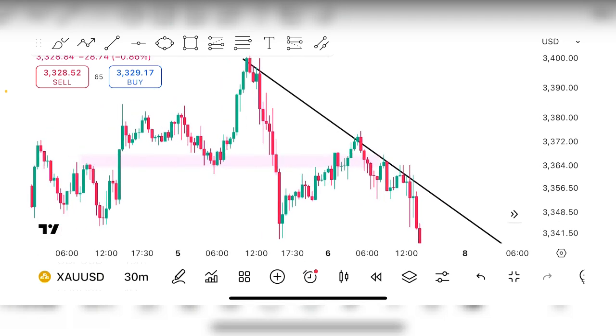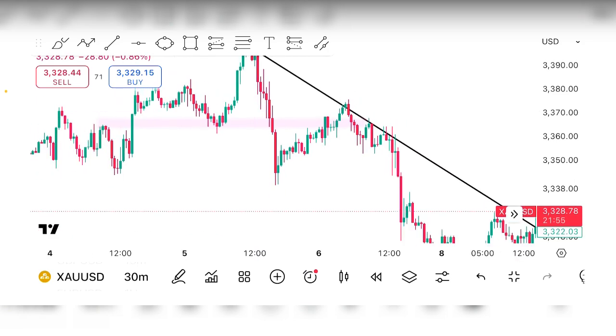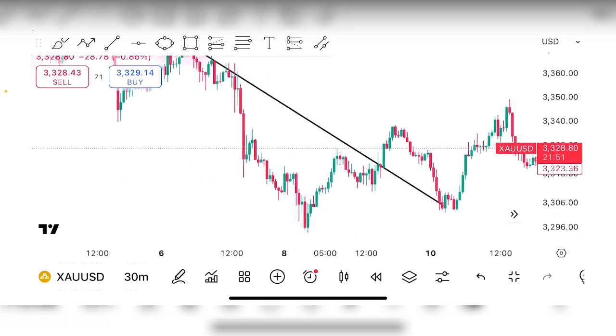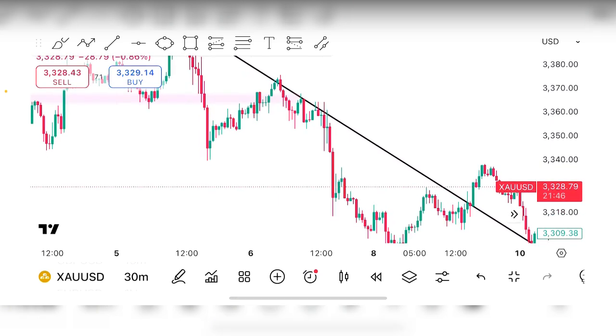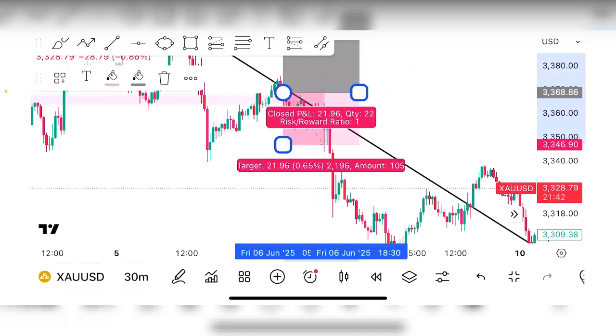By the time price came back again to this former support that became our new resistance, you can see that it matches perfectly with our trend. So we can start taking our sell from around here.